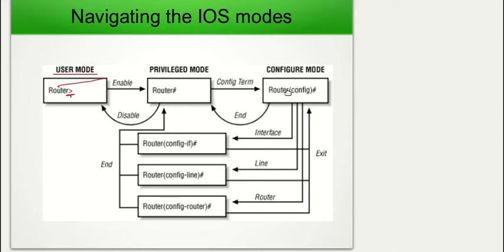And from global configuration mode, we can enter the different sub configuration modes to configure specific areas of our Cisco device. We can enter interface configuration mode, which allows us to enter commands which apply directly to a specific interface or a range of interfaces. We can enter the line configuration mode, which allows us to enter commands which apply specifically to the VTY and console lines.